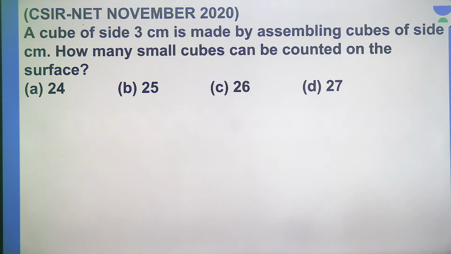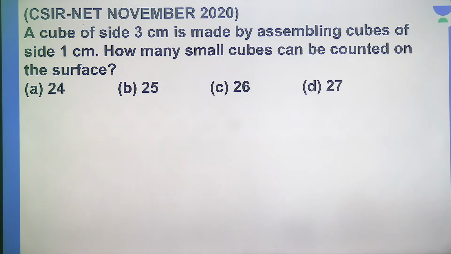Side 1 centimeter. Okay, D option, let's see whether it is right.